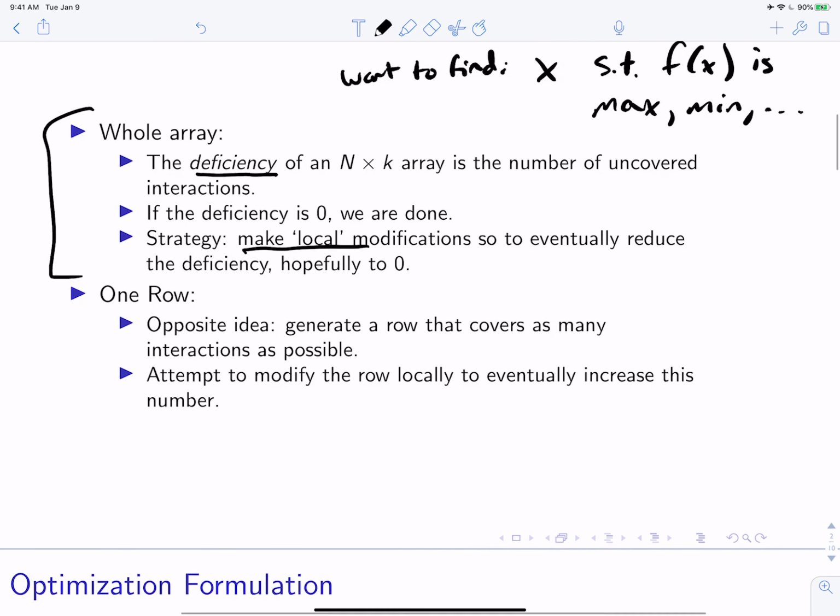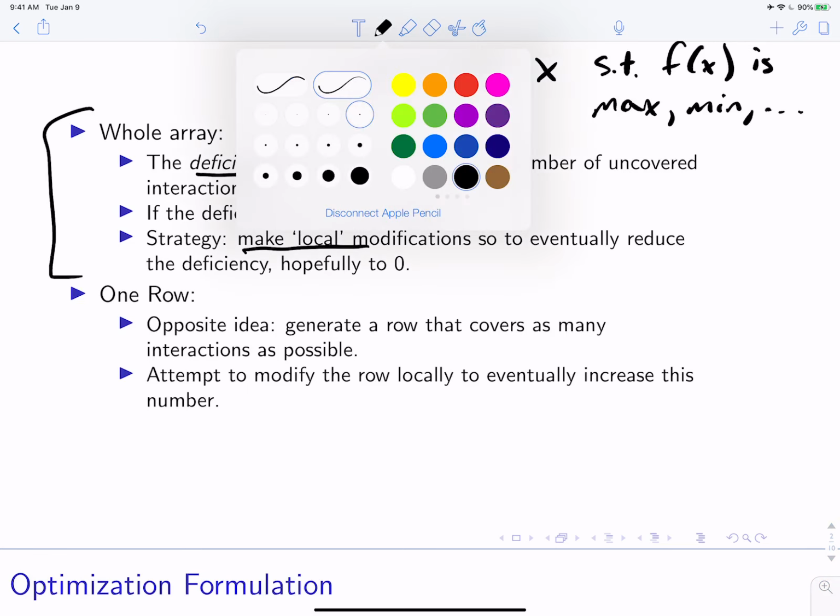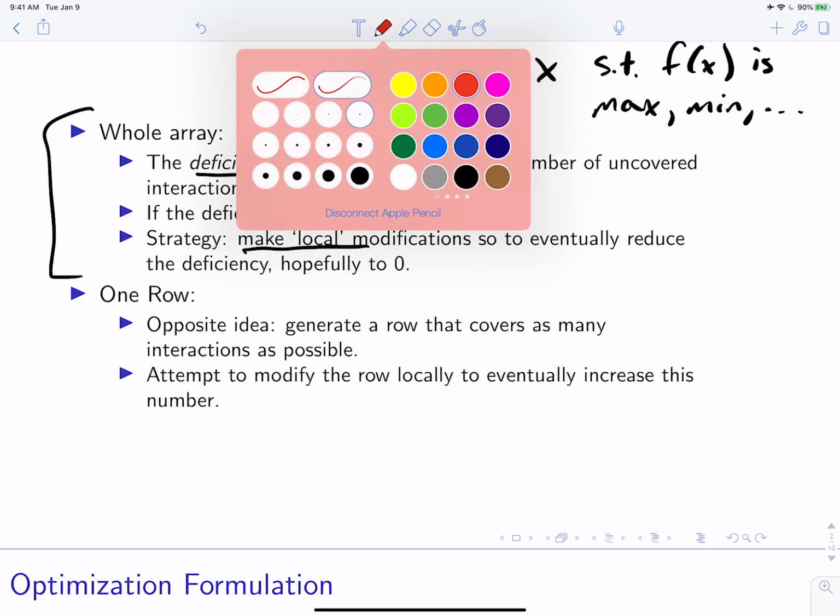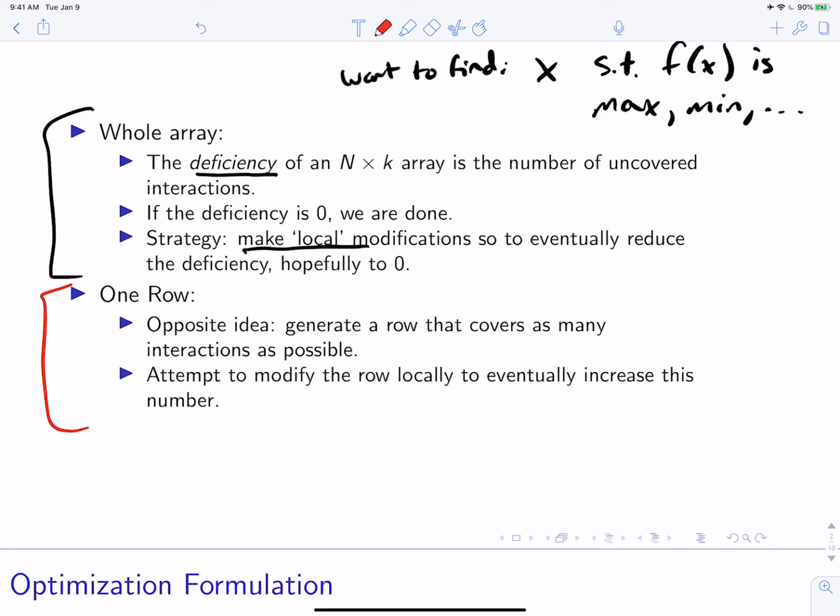The other method, which turns out to be a little bit better, but it really depends on which method you pick, is the one row at a time method: make one row, and then make local modifications to the row, not to the entire array.